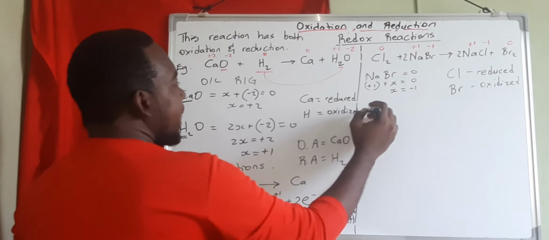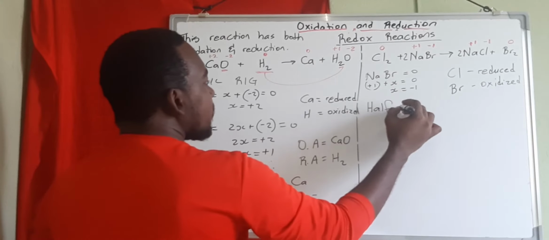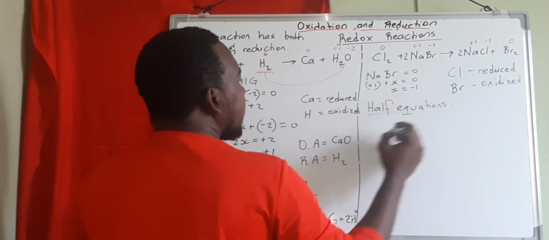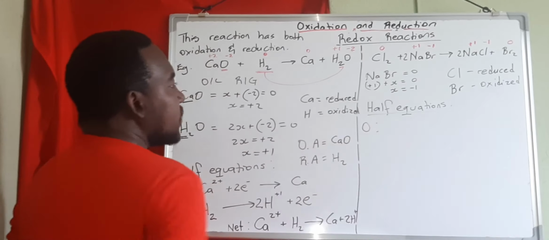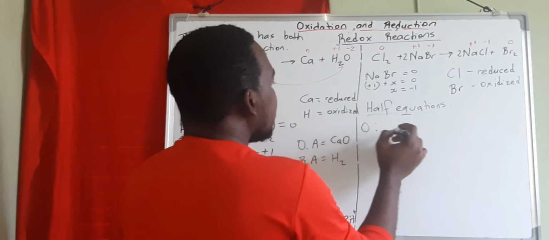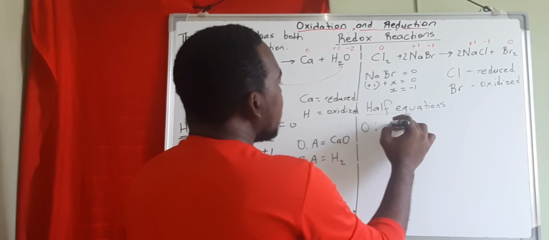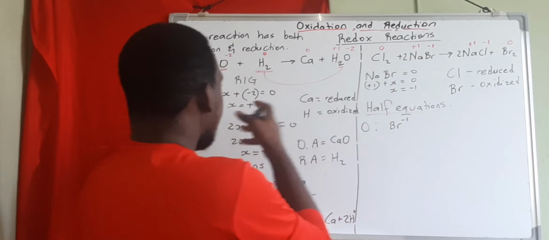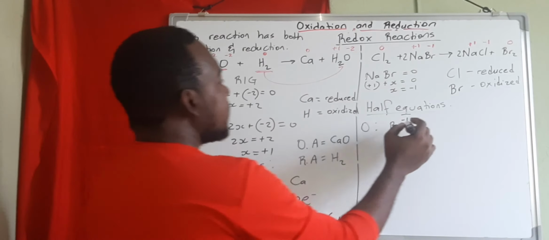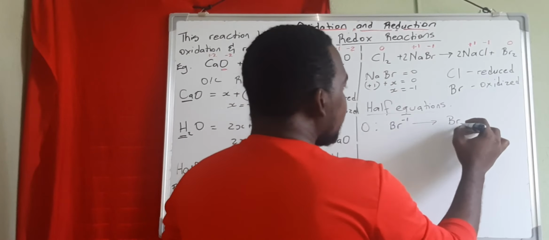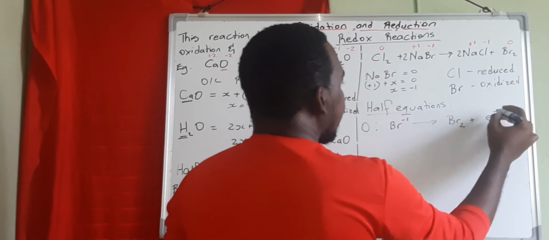So let's go with our half equations again. Let's go with oxidized first. So oxidized is Br. We have the Br-, and remember, oxidized is the loss of electrons, so it's going to go over here to be Br2 plus electrons.